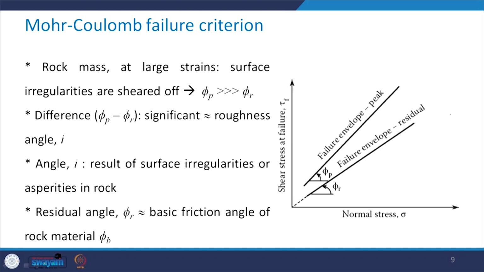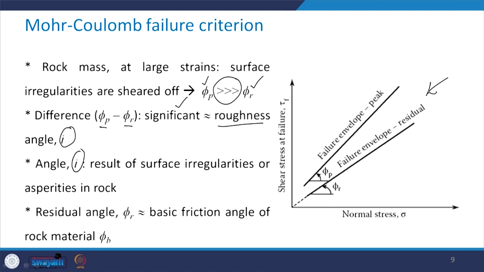Rock mass, what happens to this at large strains? All the surface irregularities would be sheared off, and therefore this peak friction angle will be much larger than the residual friction angle, which is evident from this figure as well. So, the difference between the peak and the residual friction angle is going to be significant, which will be approximately equal to the roughness angle i.